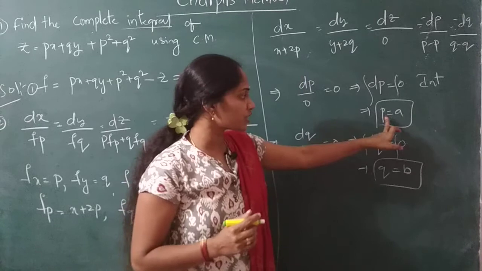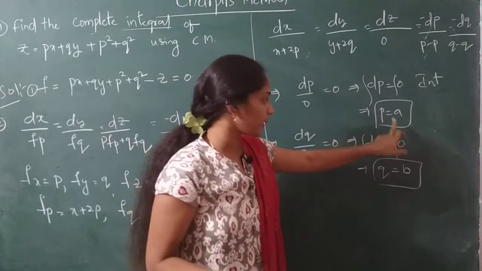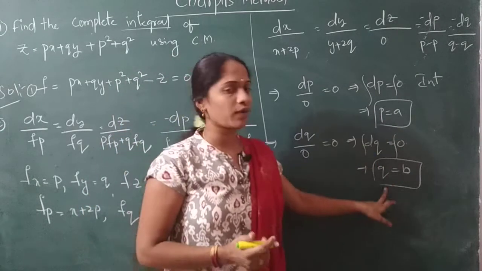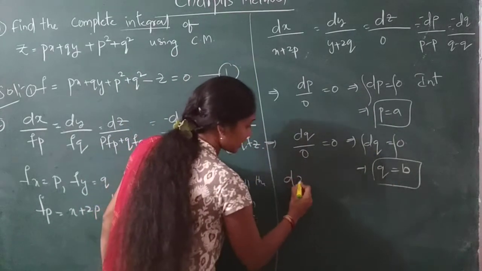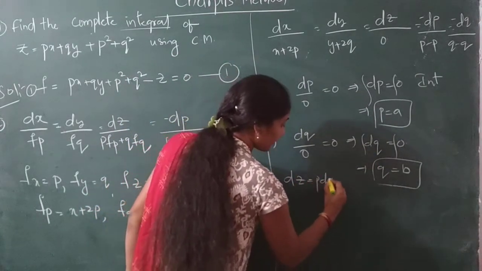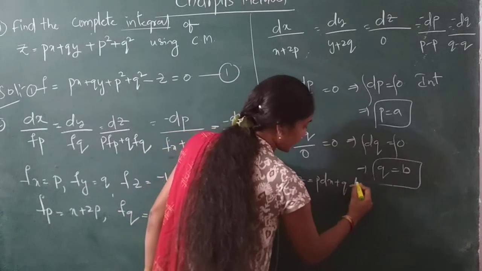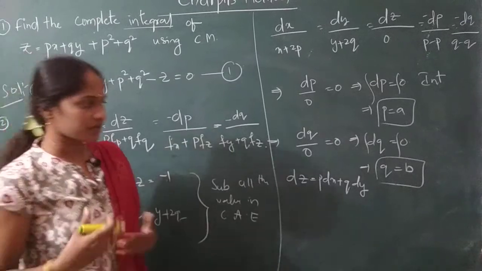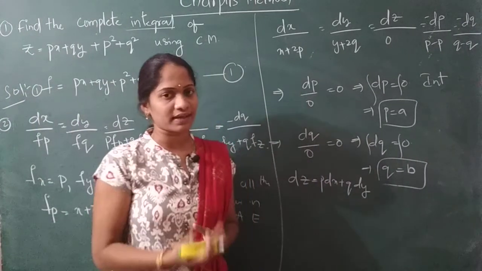So what did you get here? According to step 4, you got the p and q values. Now what should you do? You have to substitute the p, q values in dz is equal to p dx plus q dy, right? So this equation, or else directly, textbooks do it in a simple way.